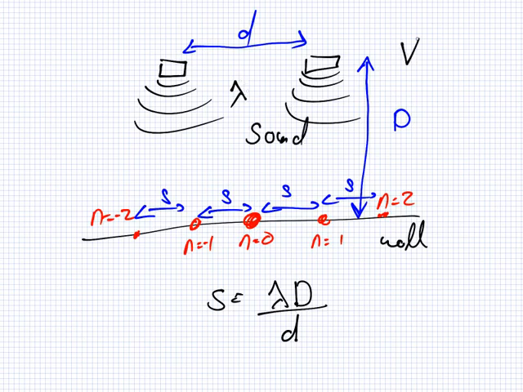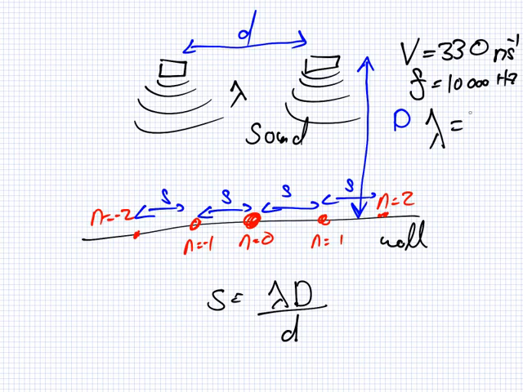Right, so here, let's say it's sound. So what's the speed for sound? It's 330. You don't need to know that. It will be given to you in the question. The frequency, let's say the frequency is 10,000 hertz. Okay, can you calculate the lambda for me, please?